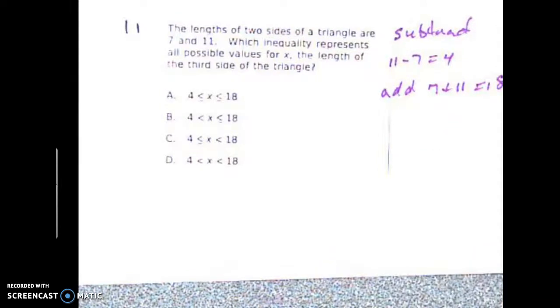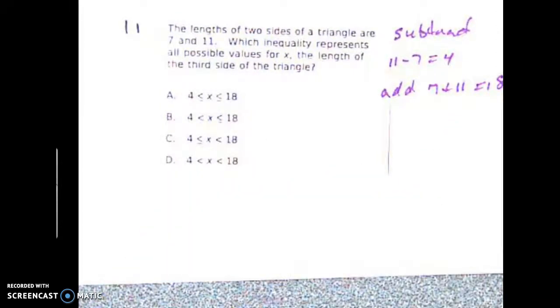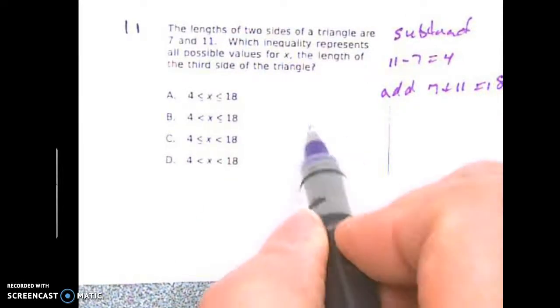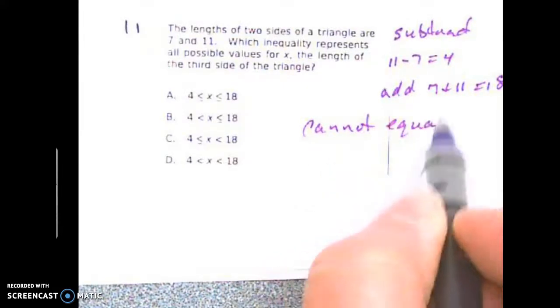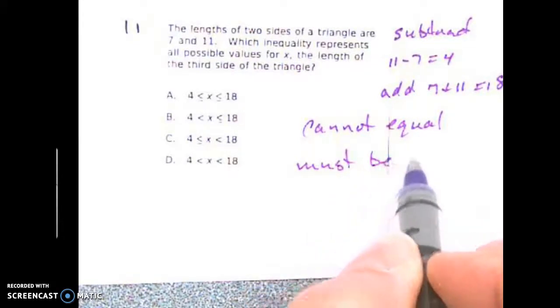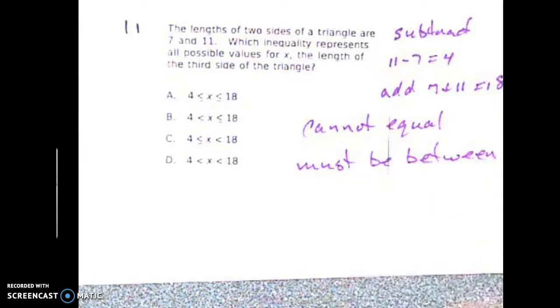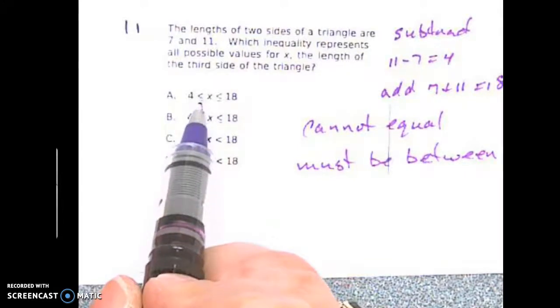All of your answer choices have a 4 and an 18. Remember, though, that it cannot equal those numbers. It must be between. So if you're checking your inequality symbols, in answer choice A, notice that I have a less than or equal to symbol.